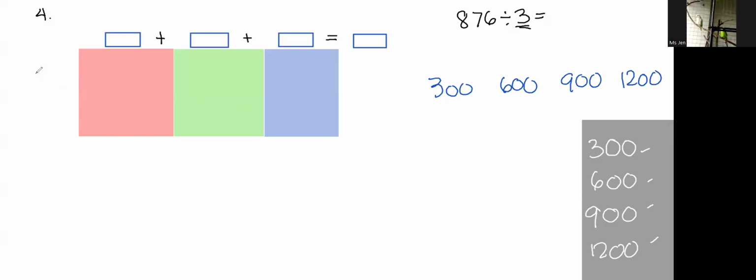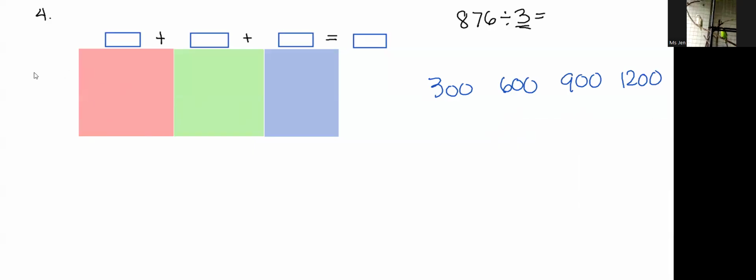Remember that question where we ask, where is this in the middle of? So 8 is in the middle of 6 and 9. Therefore, we will get the 600. That's the lower number.